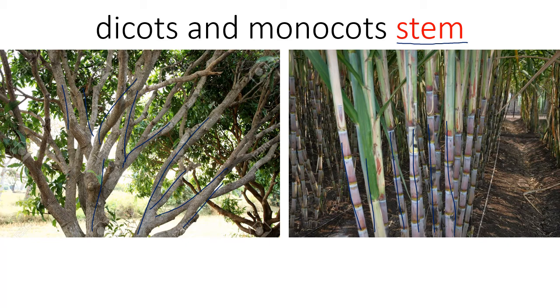So note down the difference: the stem here is branched, and in this case it is unbranched. That is the difference in the stem of dicots and monocots.